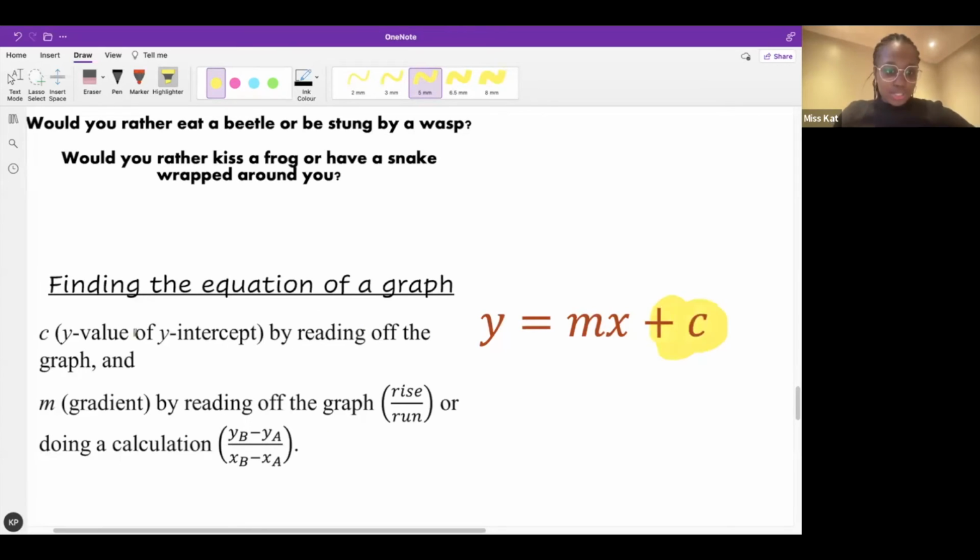Let's see if we were listening. Who remembers what the y-intercept is? Anyone? This is in the quiz today, guys.